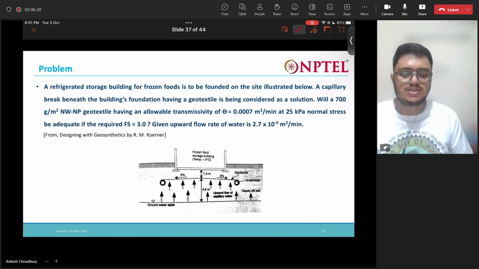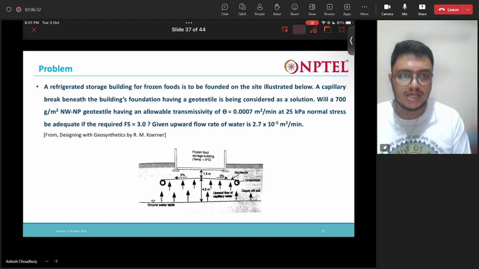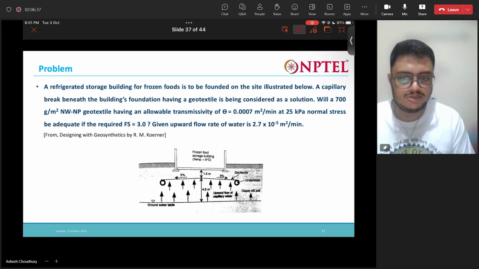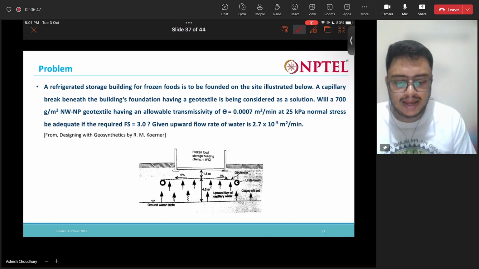Let us see, these are showing you all the various uses where we can use the drainage function of a geotextile. So here we have a frozen food storage building where temperature will be less than 0 degrees, right? Refrigeration storage building, and water table is downward.